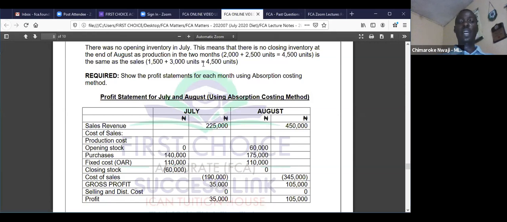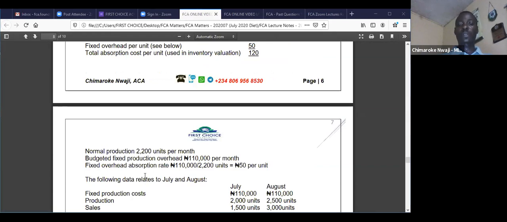So how do we handle that? We say 50 naira multiplied by how many production units? Multiplied by 2,500, supposed to give you 125. 125 is what you actually absorbed. But what was it that you budgeted? What you budgeted is 110,000 minus 125. That means 15,000 was under recovered.